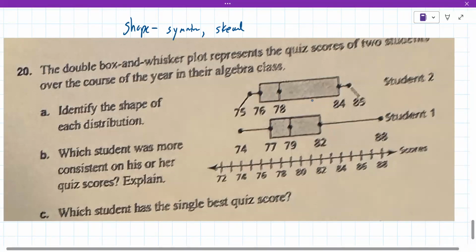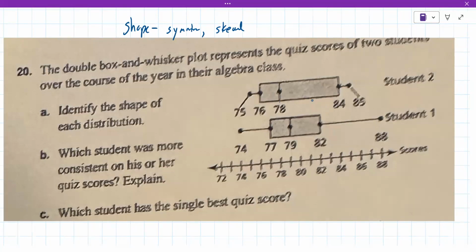The other thing to do here is to consider the median, kind of the peak of your distribution. So you can see this one has a really long tail to the right. And then you can do the same thing for the other one.